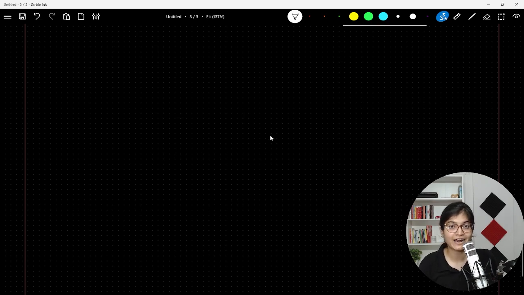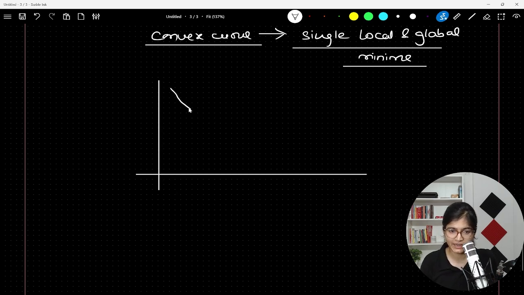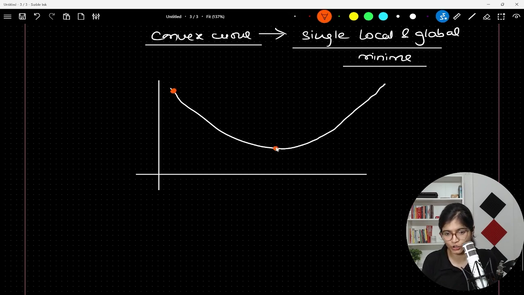For example, we have talked about gradient descent in the linear regression algorithm, where we have seen how the updates of m and c, or theta 0 and theta 1, help us go to the global minima. We start with our error rate from here and we want to reach there. So this is a convex curve, where we just have a single global minima as well as local minima.